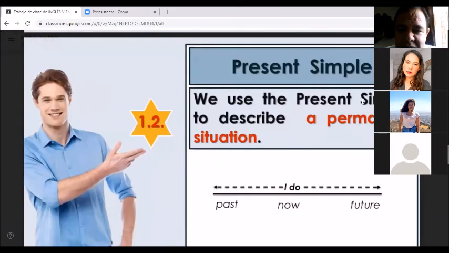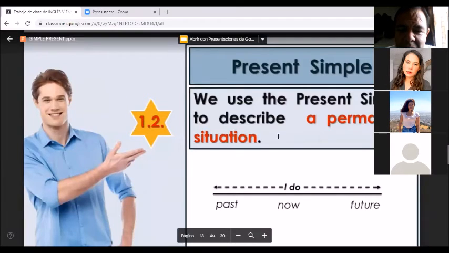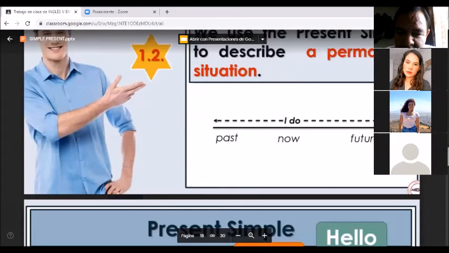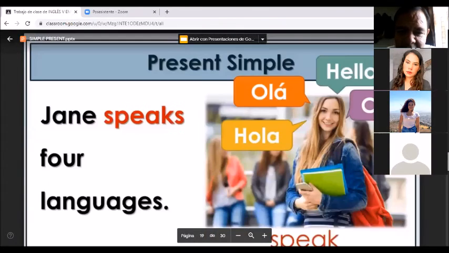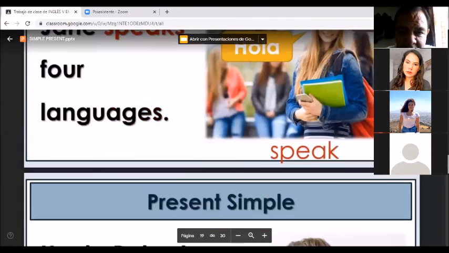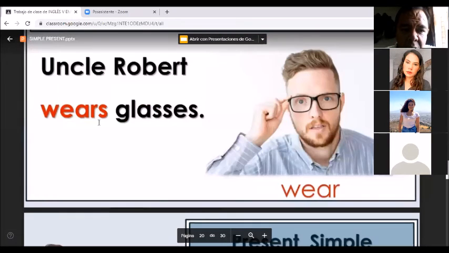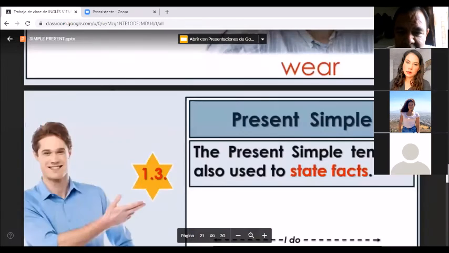We use the present simple to describe a permanent situation. For example, Jane speaks 4 languages. Uncle Robert wears glasses. Those are permanent situations.